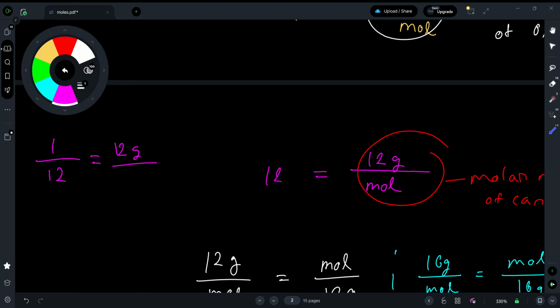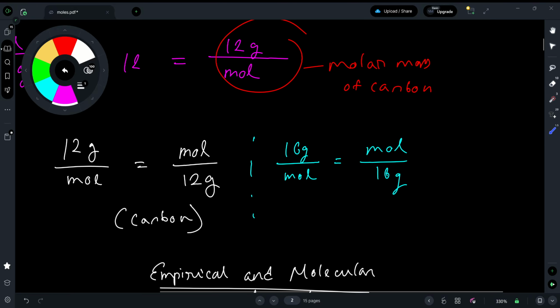So if we want mole per 12 gram, for 1 mole you get 12 grams, you get 1 by 12 on this side. And 1 by 12 is the same as just dividing by 12.